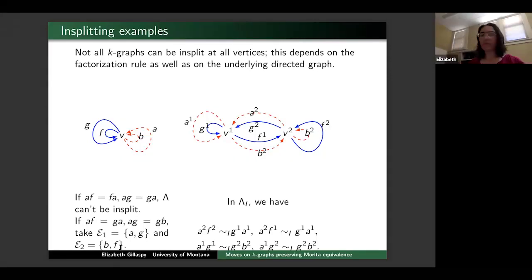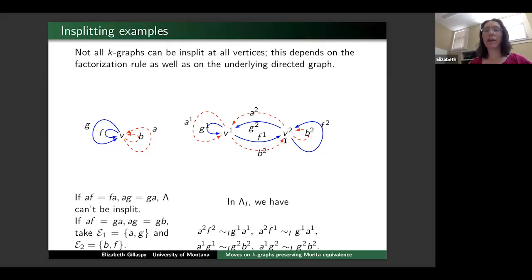So we've got two copies of the vertex V, V1 and V2. All of these edges, A, B, G, and F, had source V, so we're going to make two copies of them. Copy 1 is going to have source V1, and copy 2 is going to have source V2.